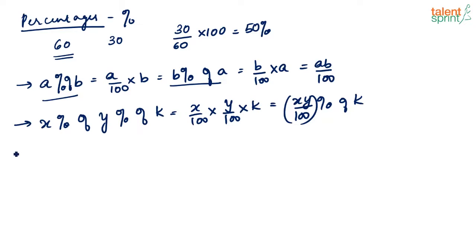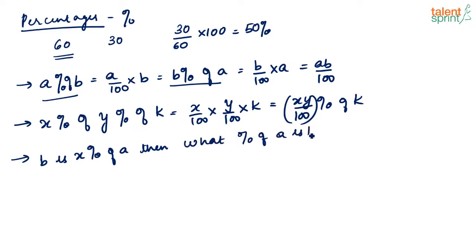Then same way, if b is x percentage of a, then what percentage of a is b? How do you solve this? If b is x percentage of a, then b is equal to x by 100 into a.